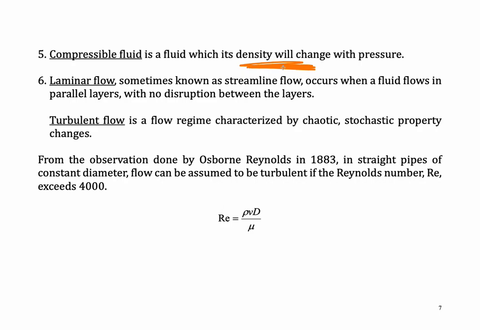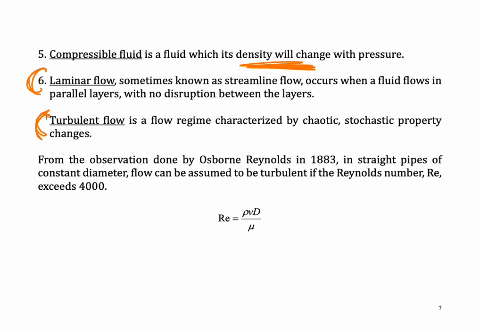One is called laminar and the other is called turbulent. Laminar, sometimes known as streamline flow, occurs when a fluid flows in parallel layers with no disruption between the layers. However, turbulent flow is a flow regime characterized by chaotic, stochastic property changes.